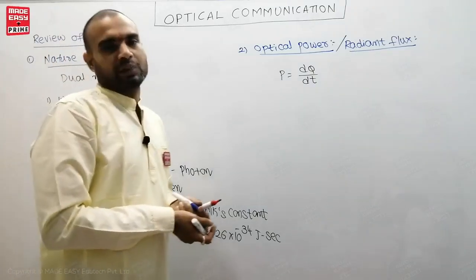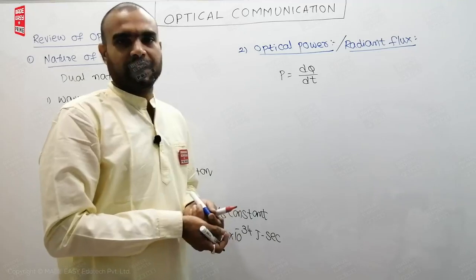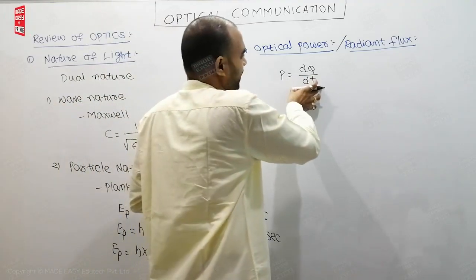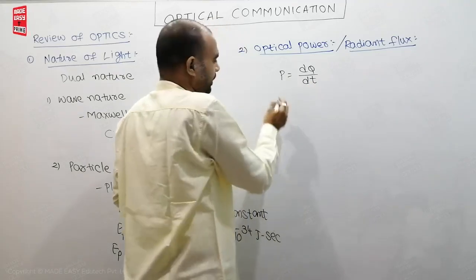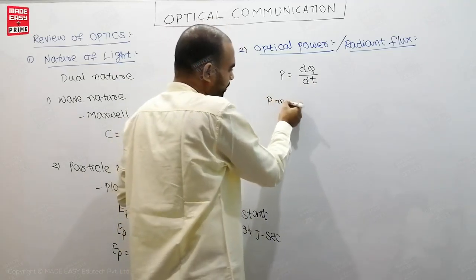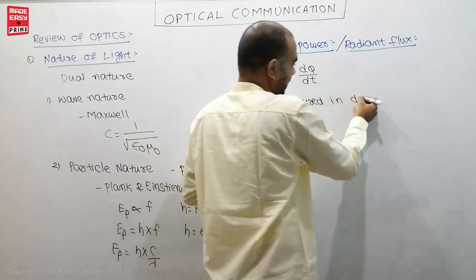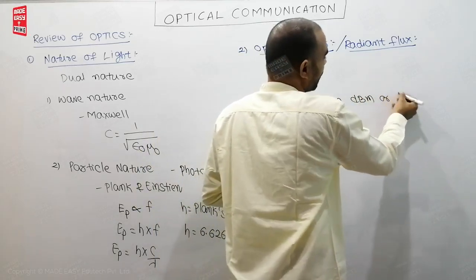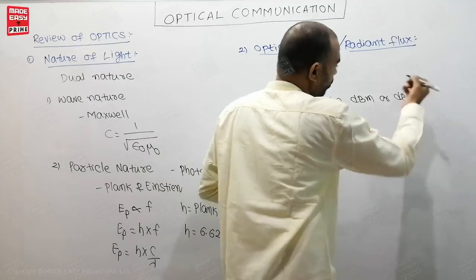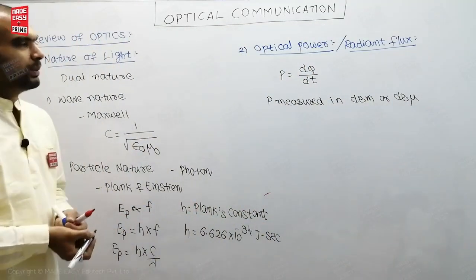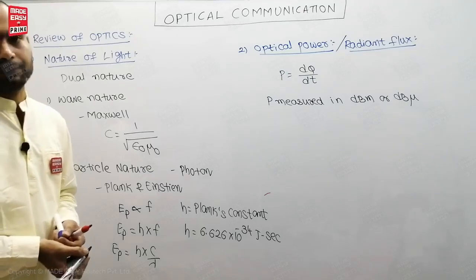Total energy by total time is also called power. So P is equal to dq by dt, and power is measured in dBm or dB mu.